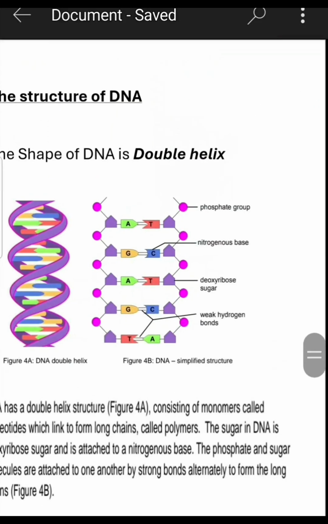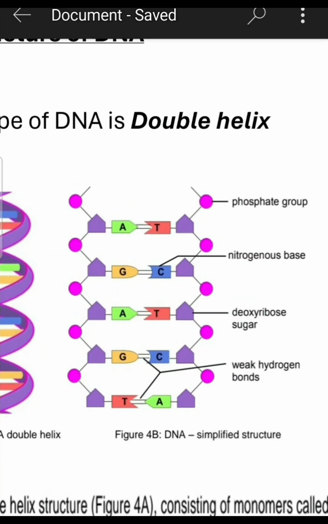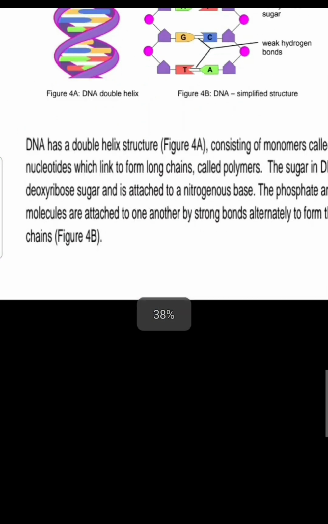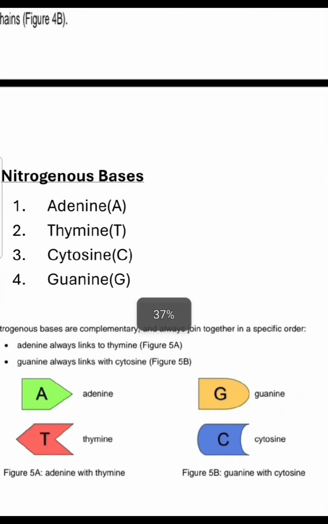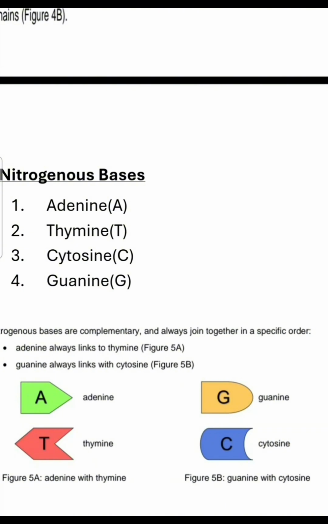Like here, you can see that adenine is going with thymine, then guanine is going with cytosine, then again you see the order is the same, right? So you should know how to draw all these nitrogenous bases, because they are important. I think first you should try to draw and then learn them so that it would be easier for you in the exams.